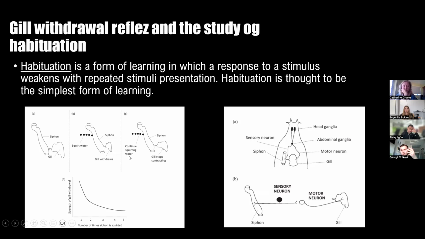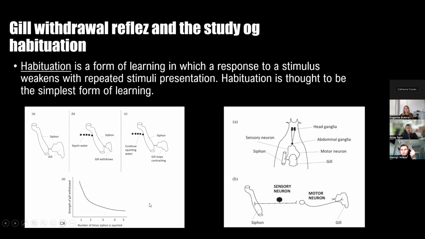And if you continue squirting the water on the siphon with a constant flow, you would see that the contraction stops. If you measure this for several minutes, you would see that the power of this contraction decreases and then reaches some plateau.